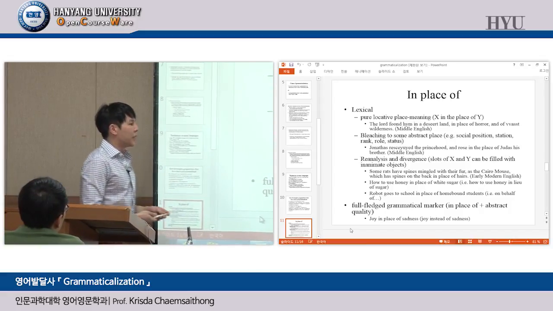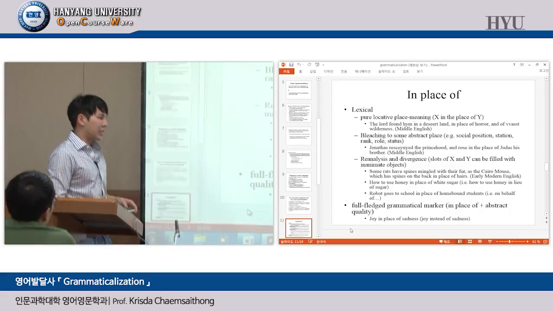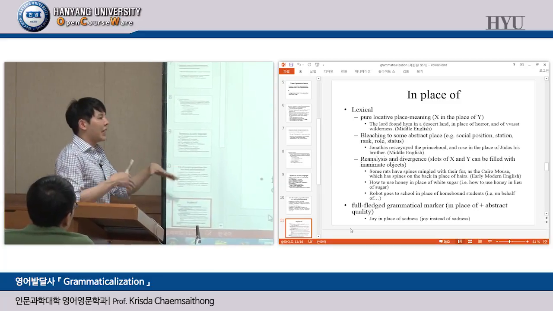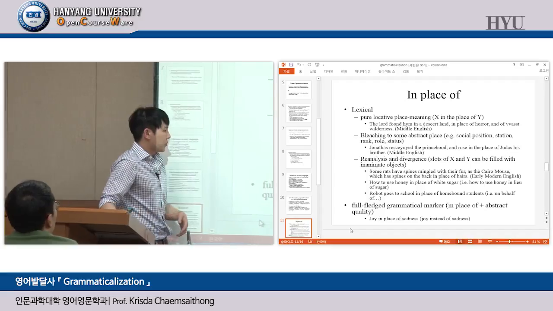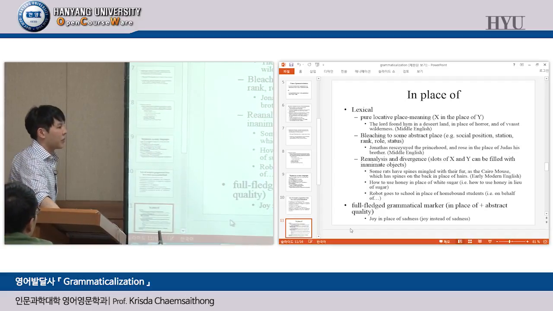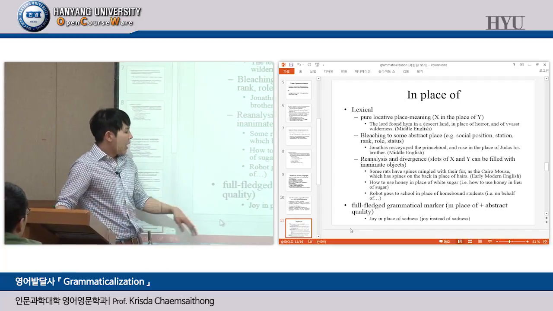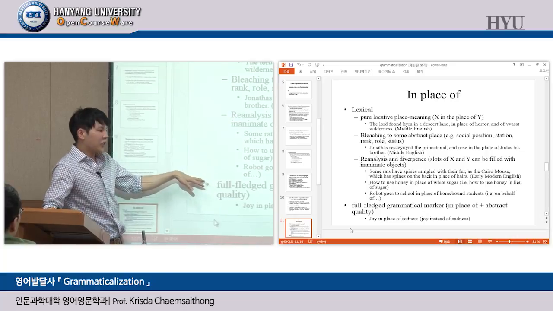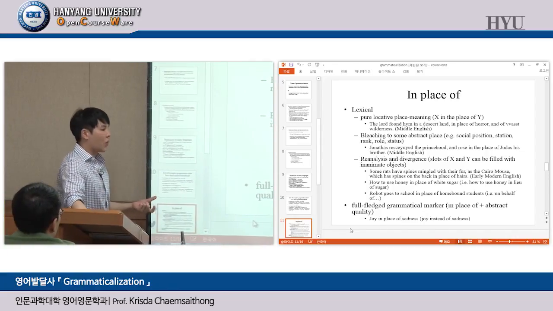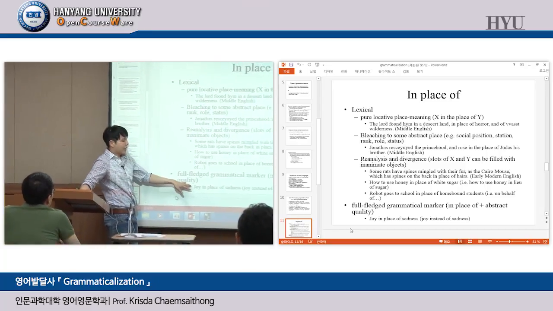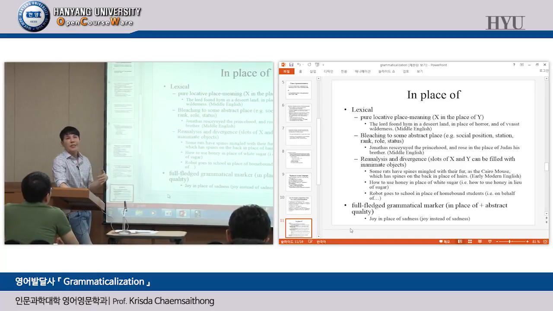"Robot goes to school in place of homebound students." So "in place of" here is like in the capacity of or on behalf of. And then it's a full-fledged grammatical marker nowadays. We have "in place of" plus abstract quality: joy in place of sadness, joy instead of sadness.